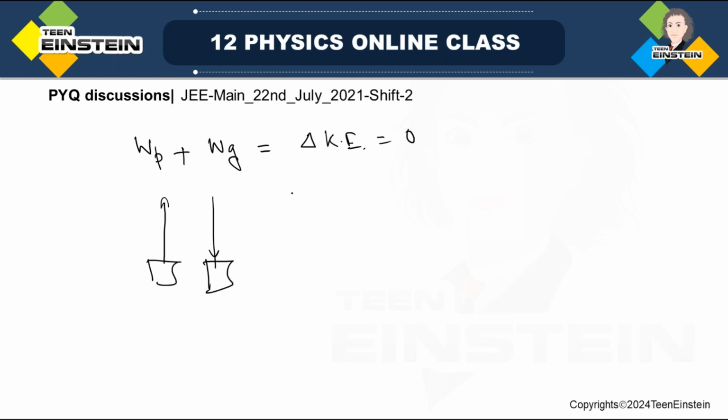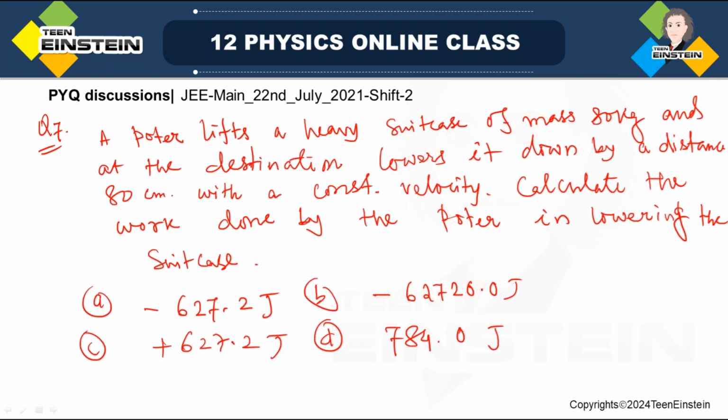So from here, what we get? W porter is equal to minus WG. See, 80 centimeter into, here the question says, you have to take g as 9.8 meter per second square.